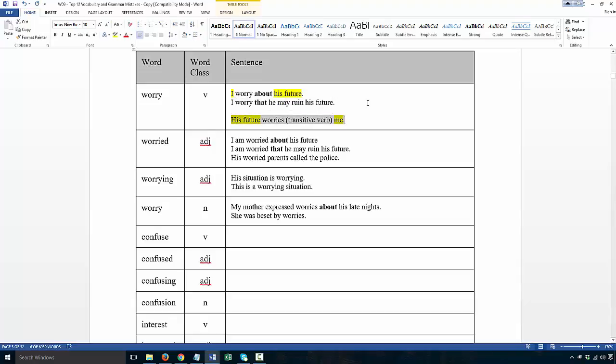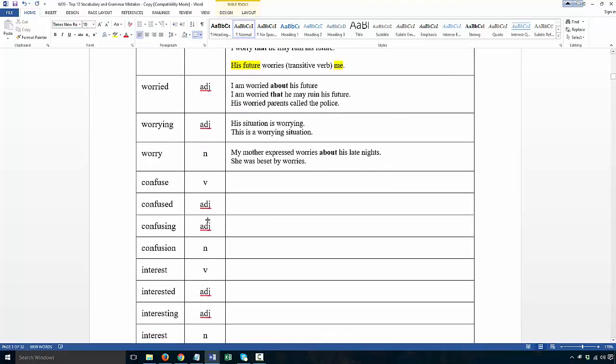And this way is the first way as shown in the dictionary. I comes here, and this is intransitive because there's no object you're worried about. You don't have a noun and object directly after the verb worry. And then his future is here, not here. So there are two ways. It can be a bit confusing, but the dictionary shows you two ways of using this word worry.